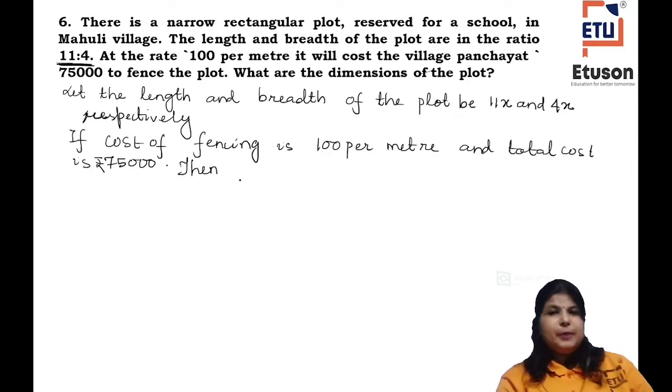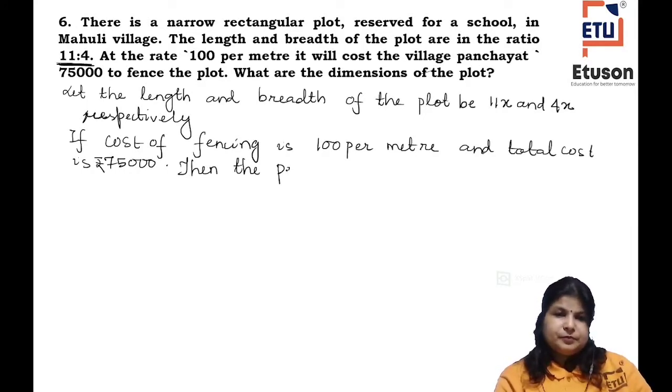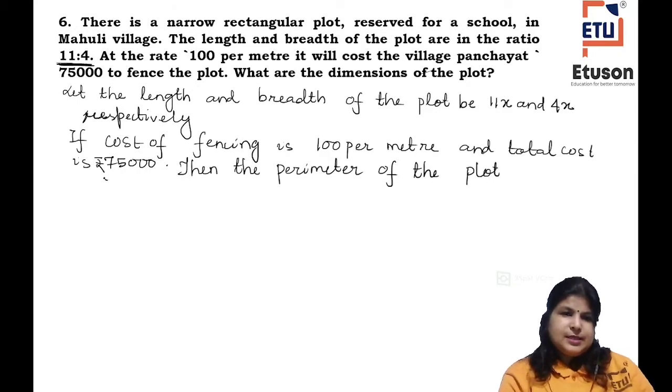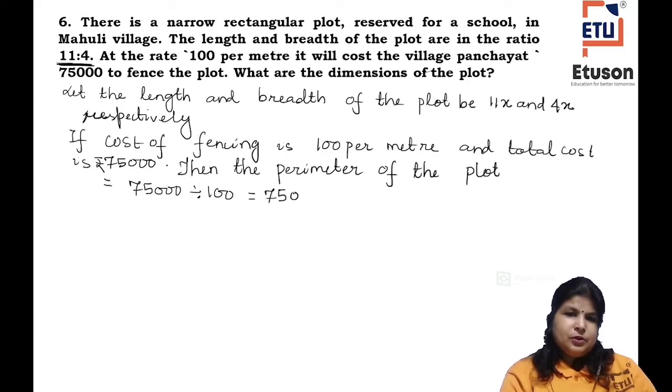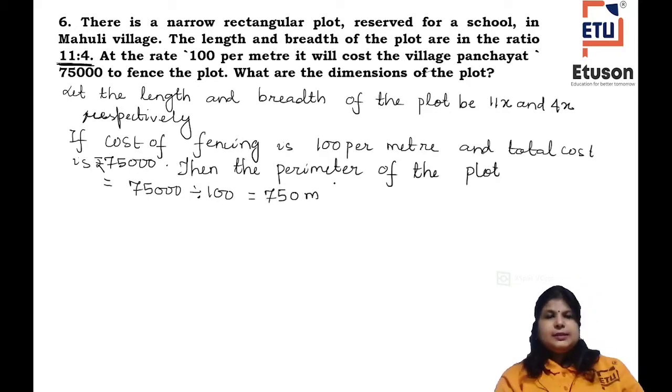It is on the perimeter, right? So the perimeter of the plot is equal to, how will we find it? We divide the total cost by the rate, right? So divided by 100, so 750 meter. So the perimeter is 750 meter.